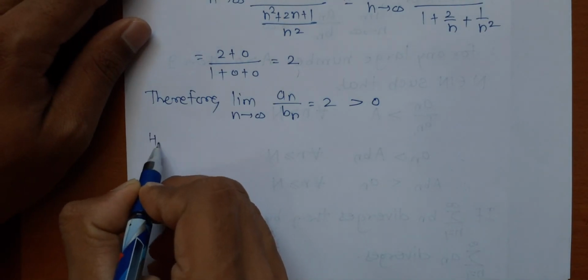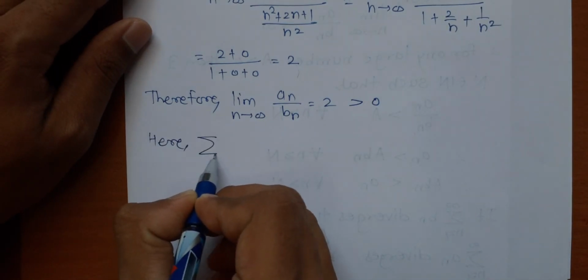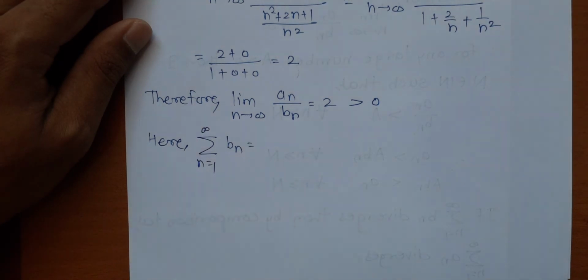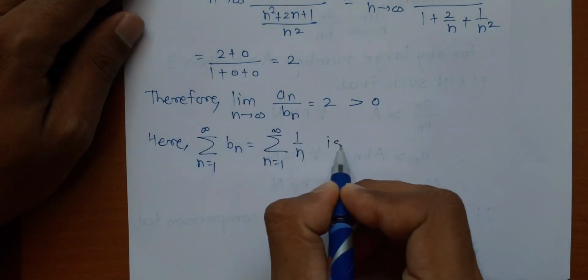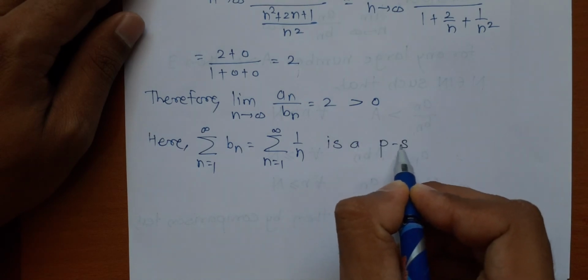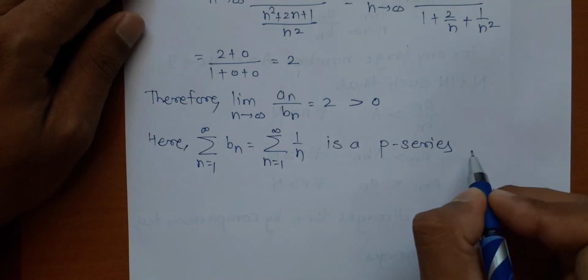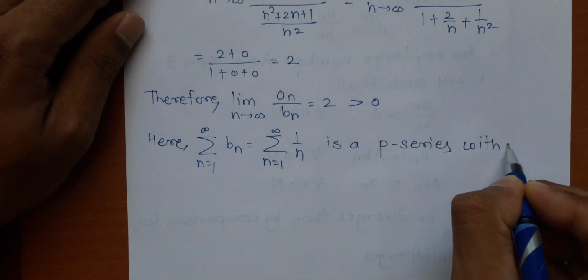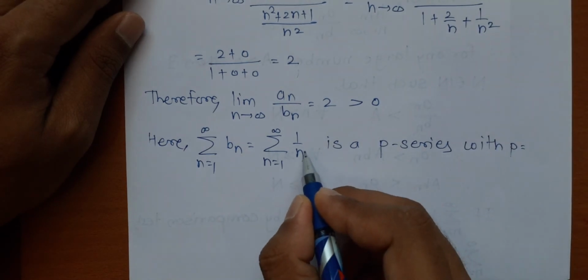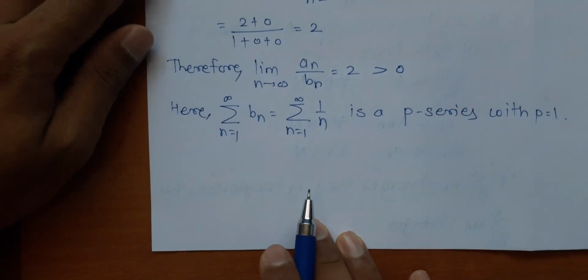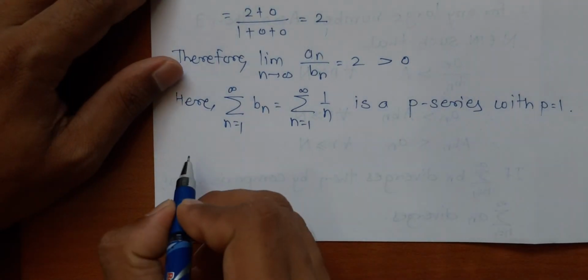Summation n running from 1 to infinity of b_n, which is equal to 1 by n, is a p series. Do you know what a p series is? A p series means summation 1 upon n raised to p. What is p here? What is the power of n? It is 1, so p is also 1. When p is greater than 1, only then is it convergent, otherwise divergent. So this is a p series with p equal to 1.